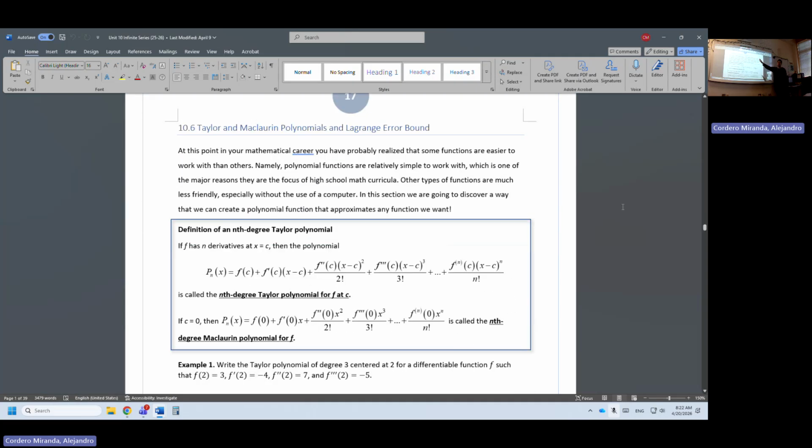This paragraph basically says that there are some functions that are easier to work with than others, like polynomial functions are easier to work with than other types of functions. And then it goes straight into an example. It can be a little bit confusing if you just see the formula, like you have no idea what's going on. So bear with me as I try to explain it, because if you understand it, then you can derive this yourself. Whereas if you don't understand it, then you're going to have to be memorizing that, and that's hard to do. So watch this.